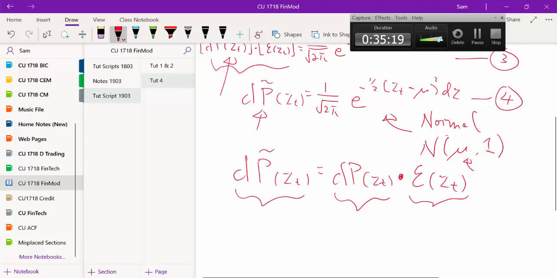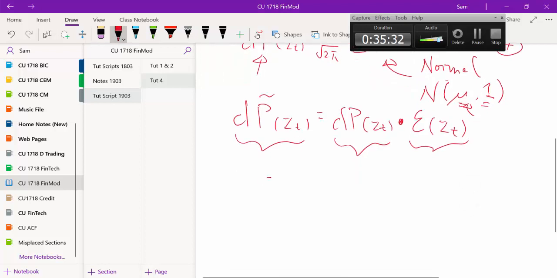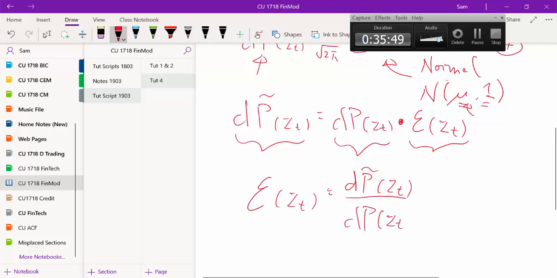Not only that, this is also a normal distribution, but with a mean of mu, and the variance doesn't change. I think you can understand what I'm getting at, right? Now, one more step. I'm going to take the epsilon to the other side, so that is equal to dP tilde over dP. Is everyone still following me? You still okay with that?